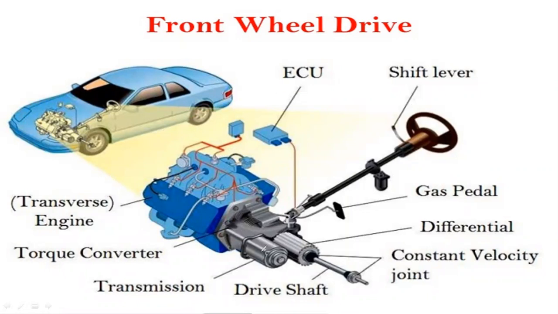There is a transmission system placed in the automobile vehicle, and in the transmission system, we have a drive shaft. The drive shaft is connected through a constant velocity joint. We are not using a universal joint; we are using a constant velocity joint.